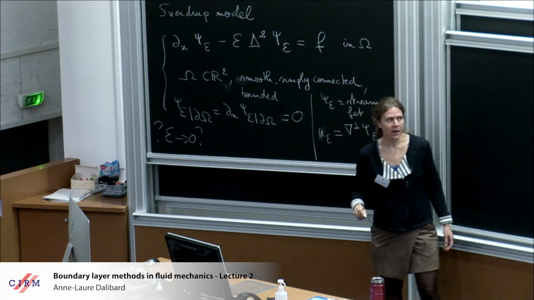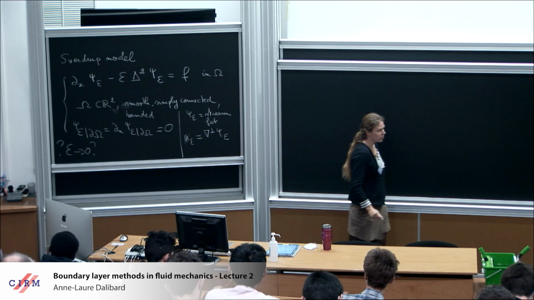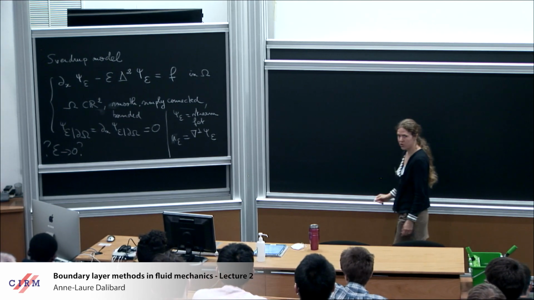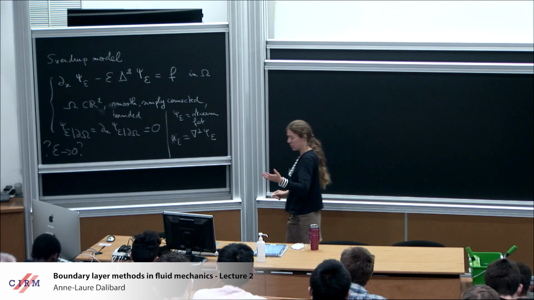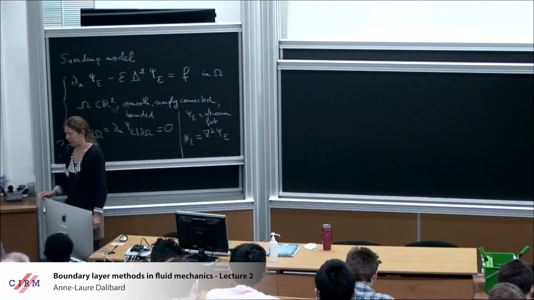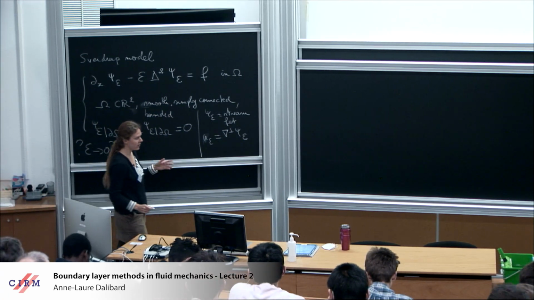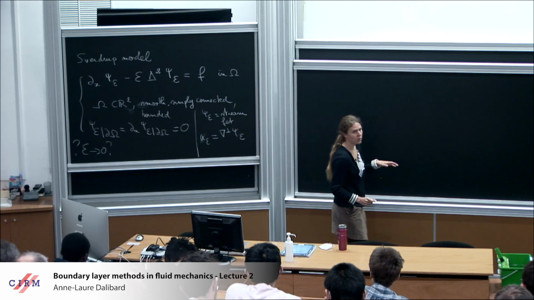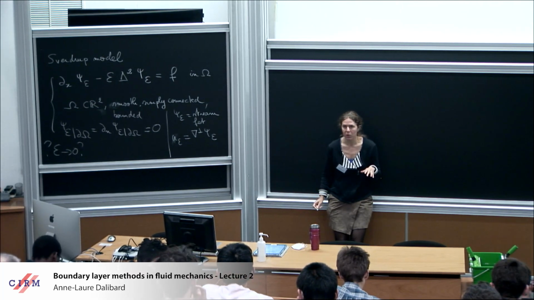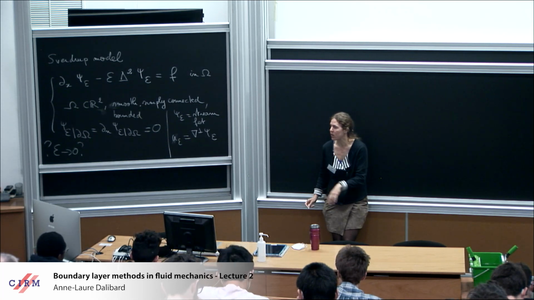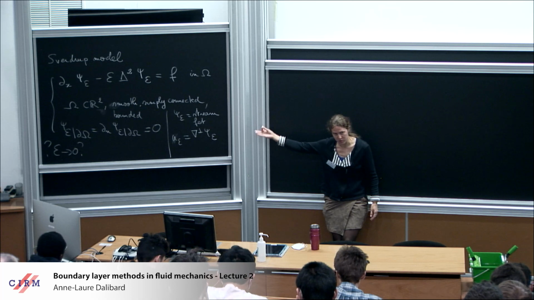This is a model that you obtain when you consider the limit of high rotation of a 3D flow. What you find in the limit of high rotation is that the flow is essentially two-dimensional. This is called the Taylor-Prudman Theorem. So it's two-dimensional and divergence-free, so it's given as the orthogonal gradient of a stream function, which is this one.